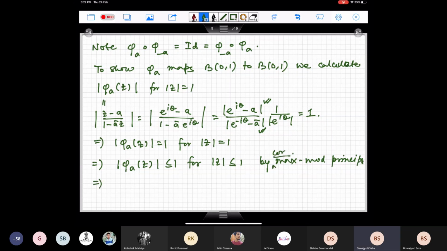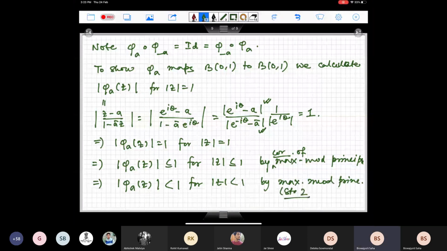And that implies mod of phi a of z is strictly less than 1 for mod z strictly less than 1, by the max mod principle, statement 2, because phi a is non-constant. That you can clearly see.